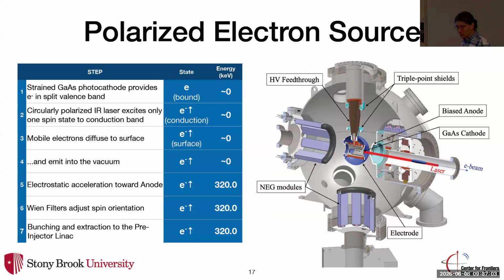We only excite one spin state into the conduction band, and that, again, through the way that gallium arsenide photocathode is made, these polarized electrons drift out of the bulk of this to the surface and emit freely into the vacuum, after which we just have to electrostatically accelerate it from the cathode here, which is at high voltage, towards the anode, and it makes a beam that we can send into the electron linac. I think this is really neat.